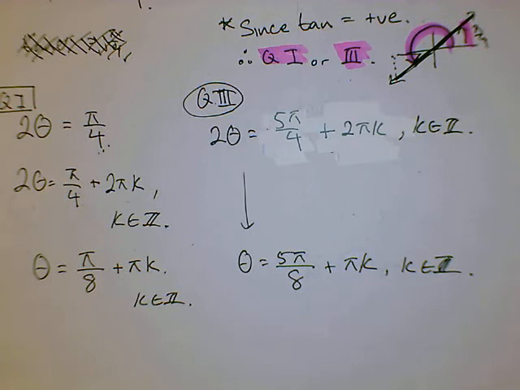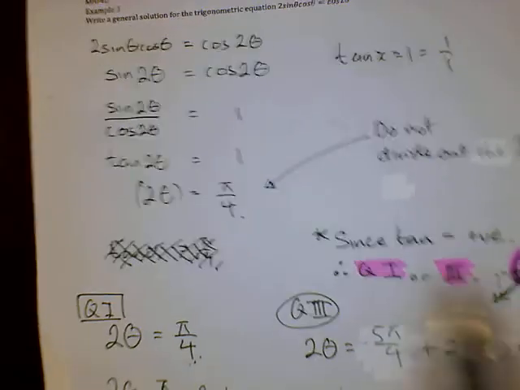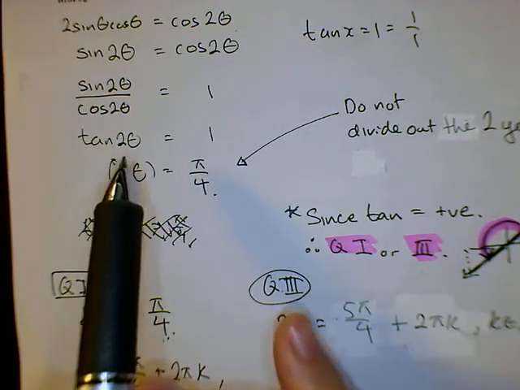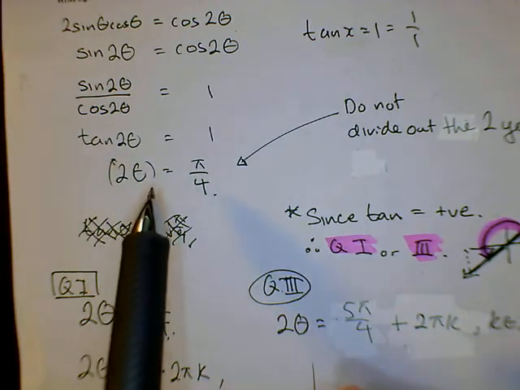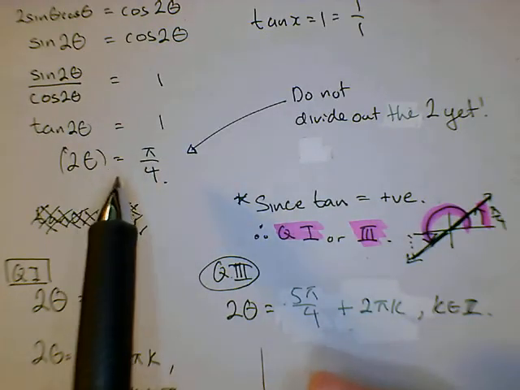Okay. I know this is a lot, but once you start seeing it and trying it and doing more and more, you'll see that the process is still always the same. As a recap, I have simplified the equation so that I can figure out what the angle is, just like we did in the previous questions.